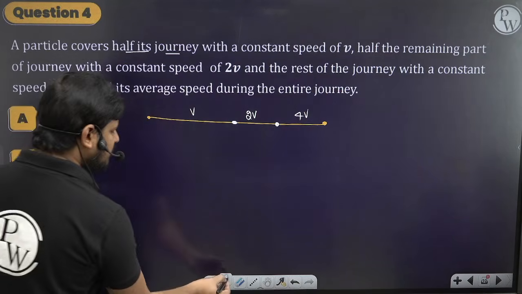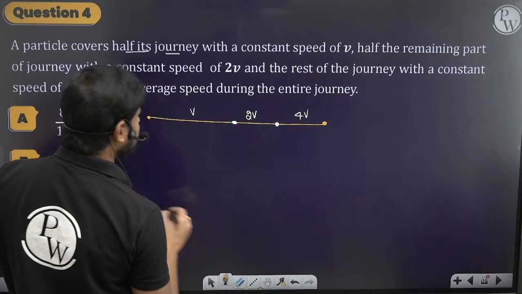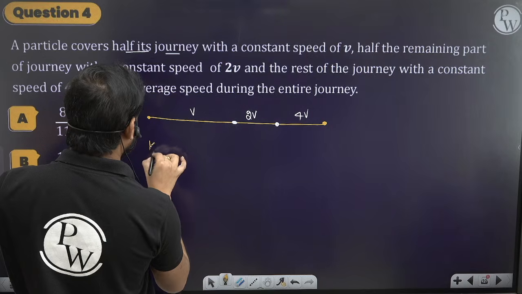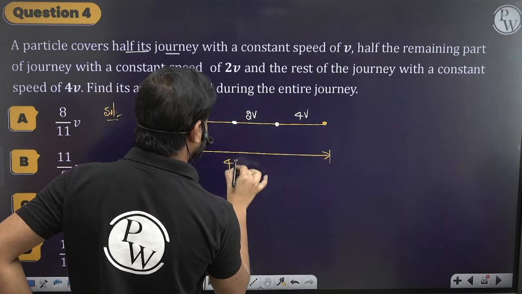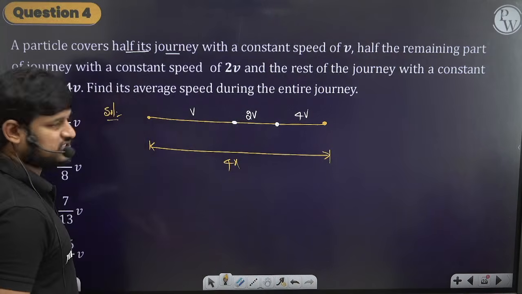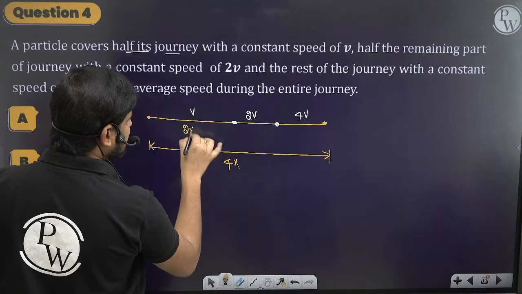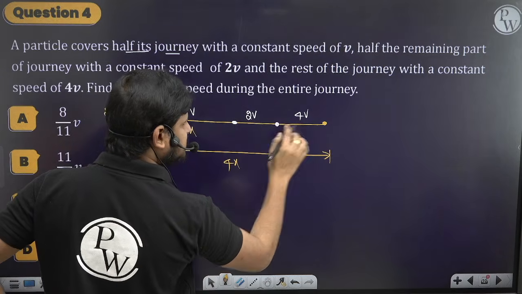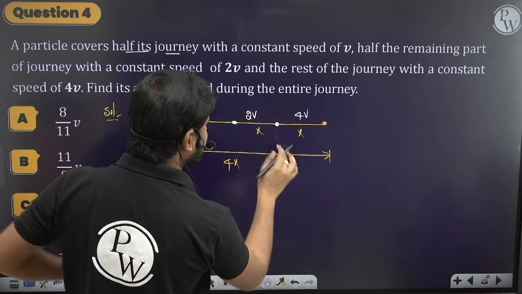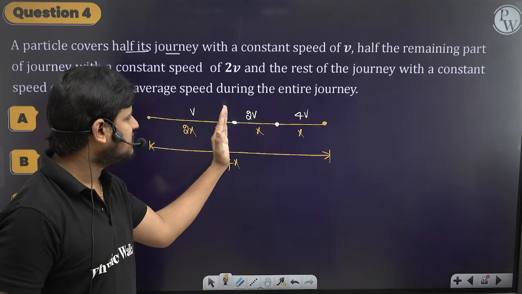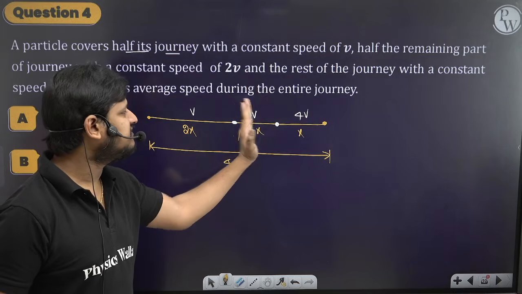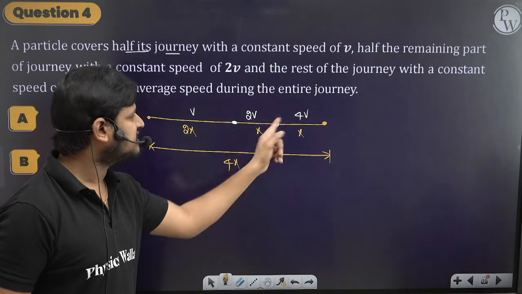So now what I am doing is, let's consider the total distance as 4x, because I can write this as x plus 2x. So this total thing is 2x. Again this is x, this is x, because this is exactly half they said, right? Again in the half, half is covered with 2v and the remaining half is covered with 4v.